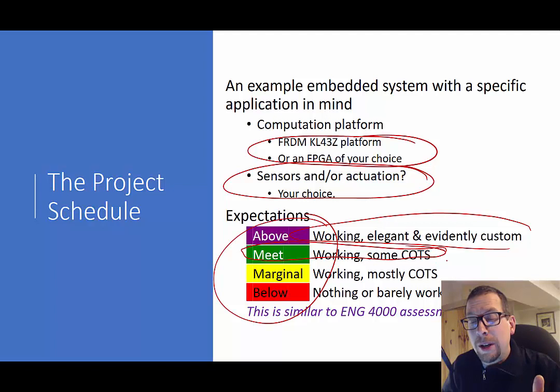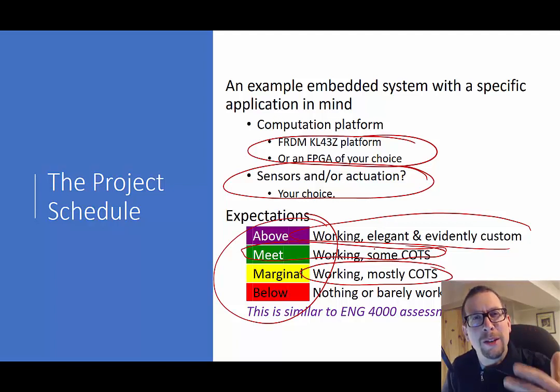If you've got a mostly working system, but it's mostly commercial off-the-shelf parts, so you bought the board, you bought a module that plugs into it, and you demonstrate that it works, well, that's good, but it's not what we really want to see. Okay, so that's marginally meeting expectations.